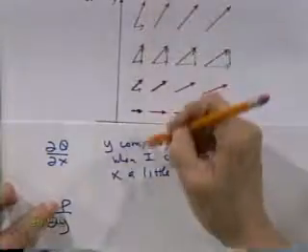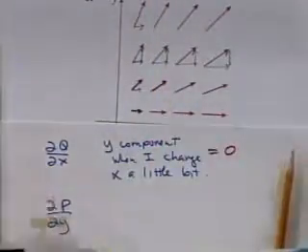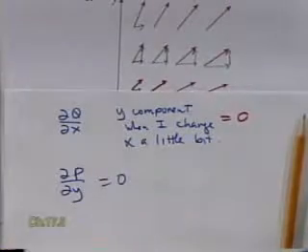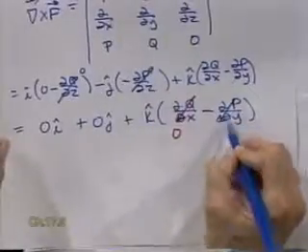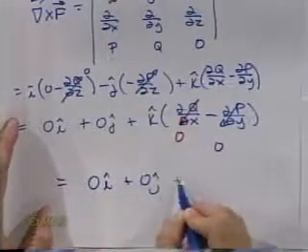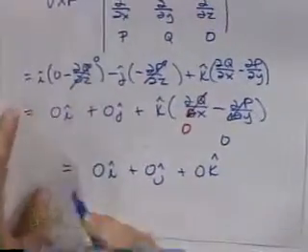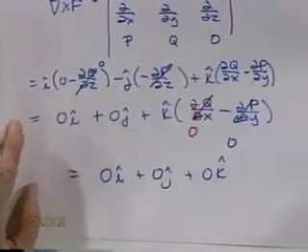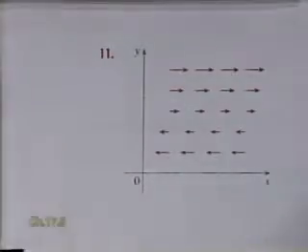As I change in the y direction, is it changing? No. So this is 0. So lo and behold, I have 0i plus 0j plus 0k. We say this fluid field is irrotational. As you look, it's not rotating, it's just sort of flowing out. Okay, all right, let's do 11.